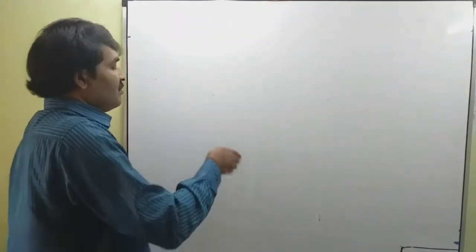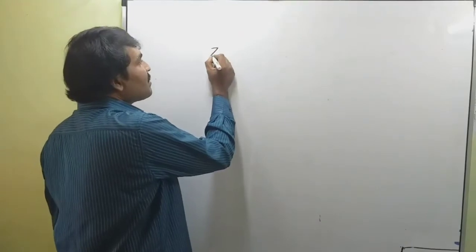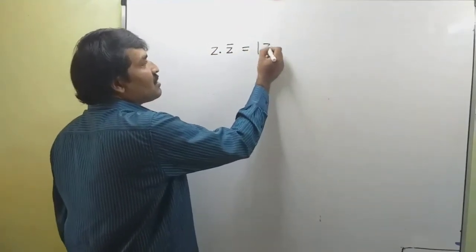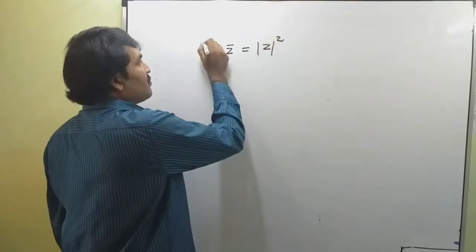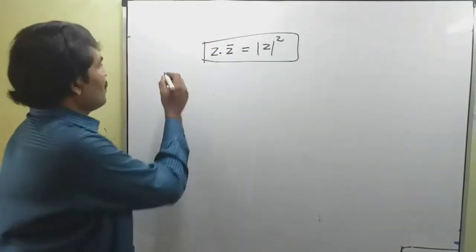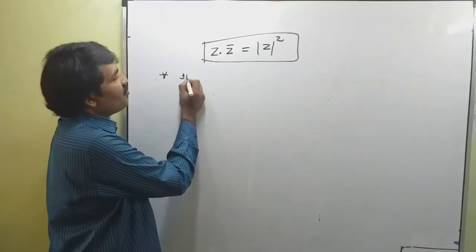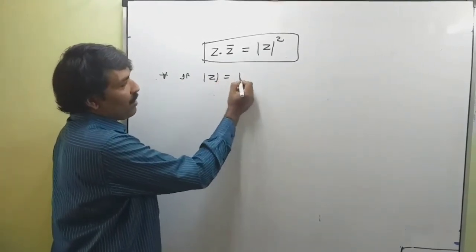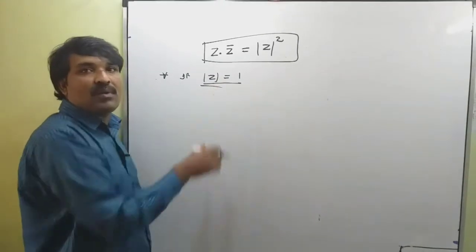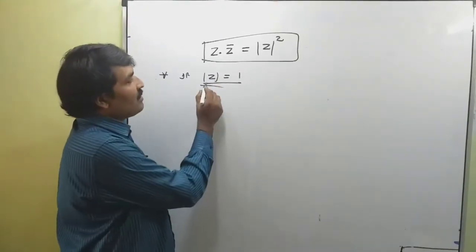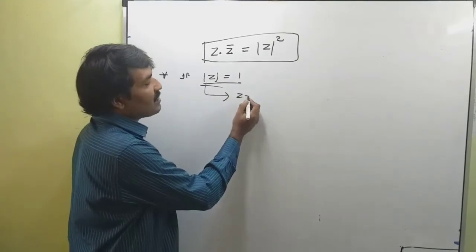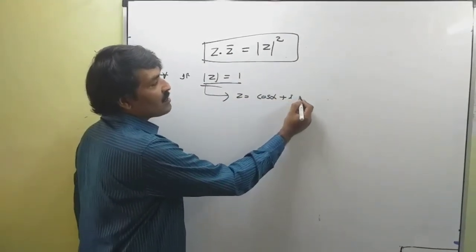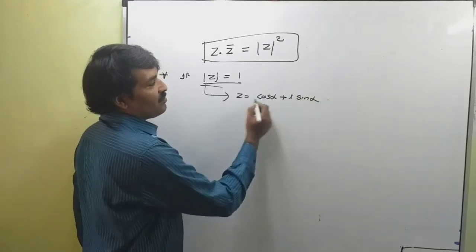Then for a complex number, z into z conjugate is equal to mod z square. If the magnitude of z is equal to 1, that is the complex number having magnitude 1, then we can assume z is equal to cos alpha plus i sin alpha.